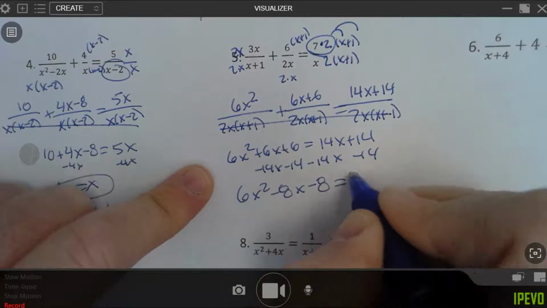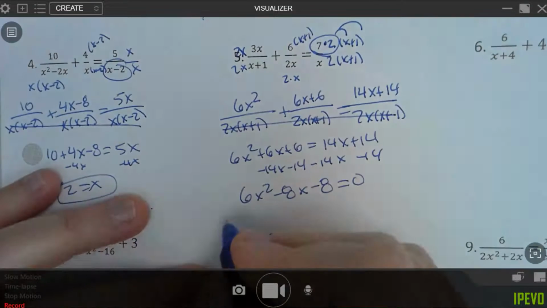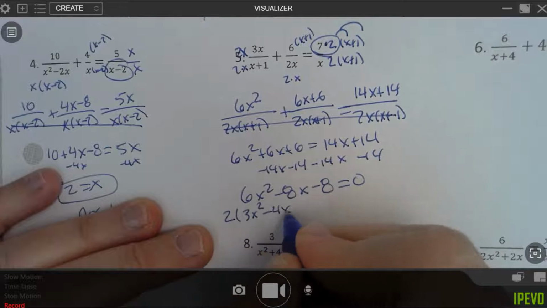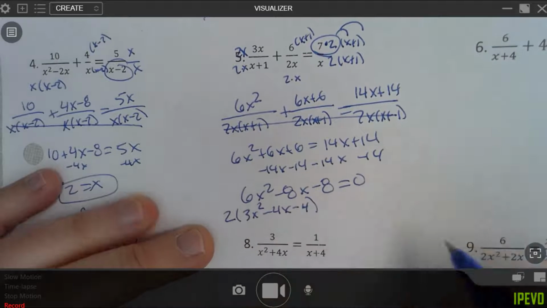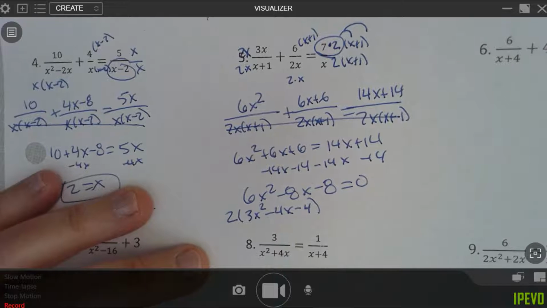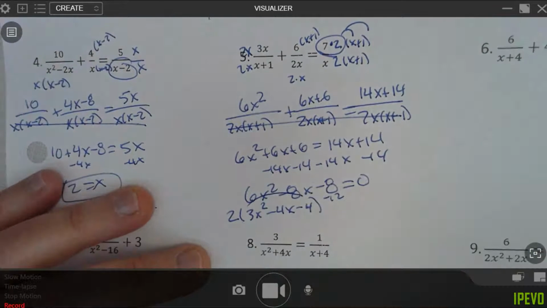That right, 6 minus 14, yeah. If I took out a 2 here, does that help me? Factors of 12 to get -4, because we're multiplying here. So -12 to get -4, 6 and 2.